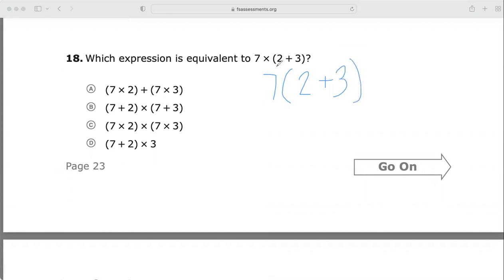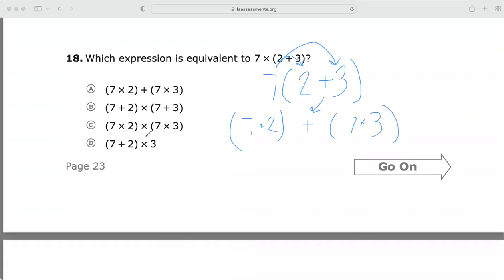In this case, you can distribute 7 times 2, right? And then we have our plus sign. I'm going to put the plus sign right here. And then you distribute the 7 times the 3. My pencil gave out. Okay, 7 times 3.